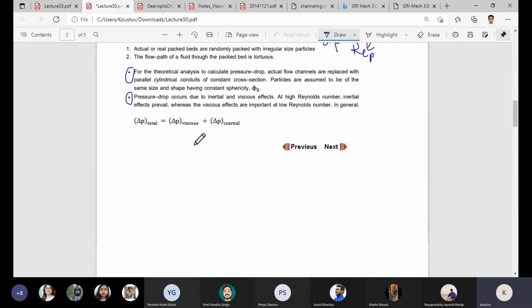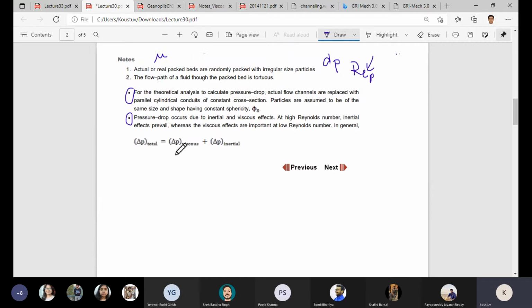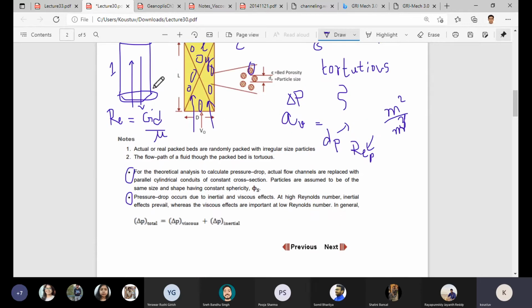Noticeably, in the laminar zone the pressure drop is proportional to V, and in the turbulent zone it is proportional to V square. That consideration assumed that the cross sectional area of the flow is uniform, with no hindrance or blockage by particles.